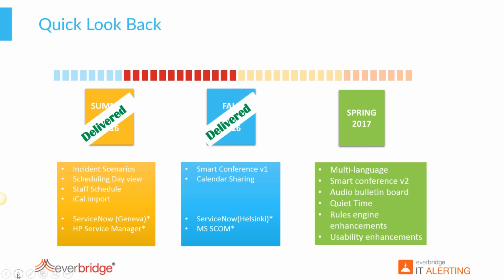Last spring, a few months ago, the spring release offered multi-language support for the messages. We introduced a version 2 of our Smart Conference product with recording being available. You can now record the entire conversation during a restoration call. We also introduced a quiet time, which gives recipients the ability to define a quiet time.